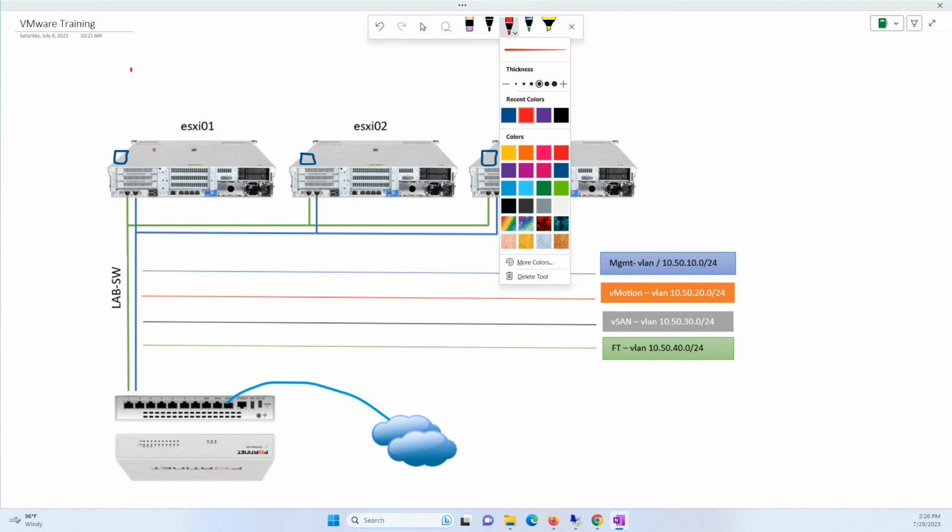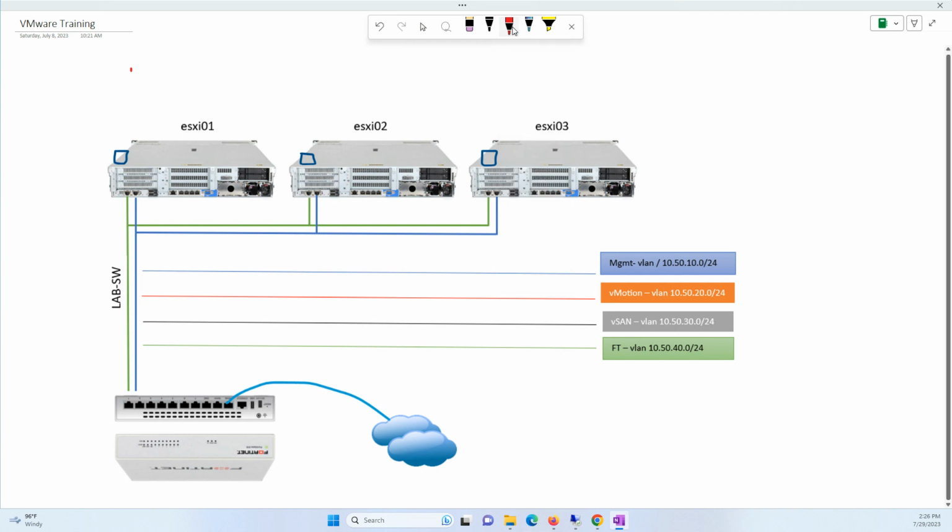Now the normal vSAN will use 2 types of disk. It will use a disk for the cache tier, and another disk for the capacity tier. So we create 2 disk groups.